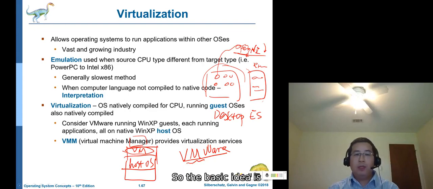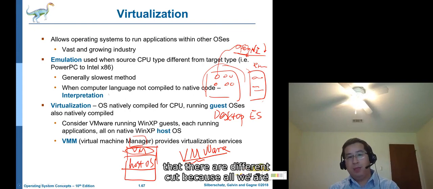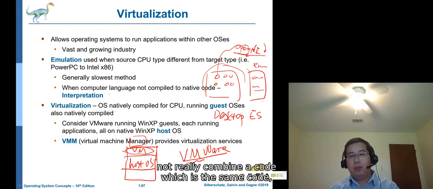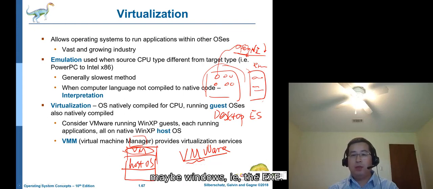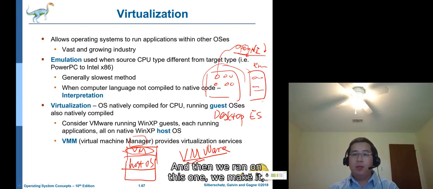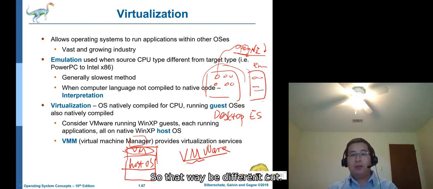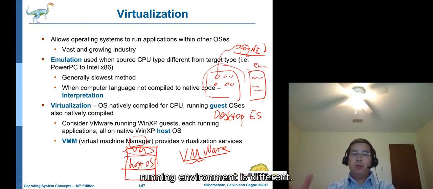The basic idea is that they are different, correct? Because we are not really running the same code here. On Windows we get an exe, but for this one we make it a bin. Bin means binary code. So that will be different, correct? The reason is that the running environment is different.